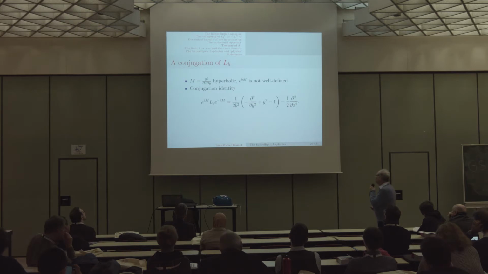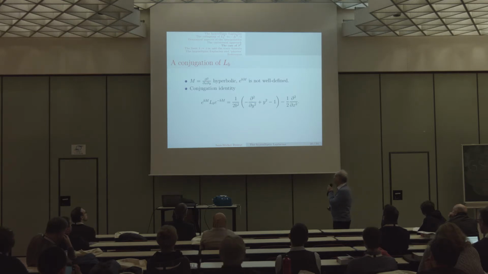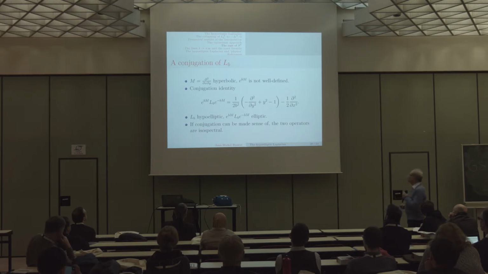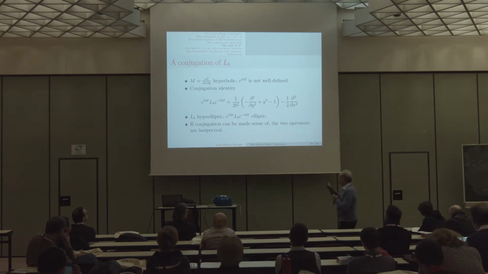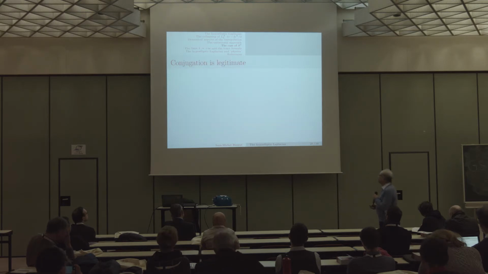Now, the problem of this conjugation is that it only makes sense from an algebraic point of view. Analytically, it does not make any sense. However, if the conjugation could be made sense of, that would say that the operator LB is conjugate to the operator on the right-hand side, and this would make the two operators isospectral. That's a very important piece of information. So the point about this formula is that the conjugating operator does not make any sense.